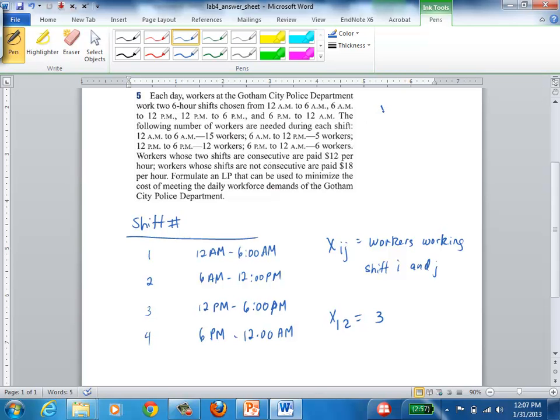You can have x12, x23, x34, and x14. Those are the shifts that are in a row. The last one is 4-1, but I'm just keeping the same format. So this could be x41.